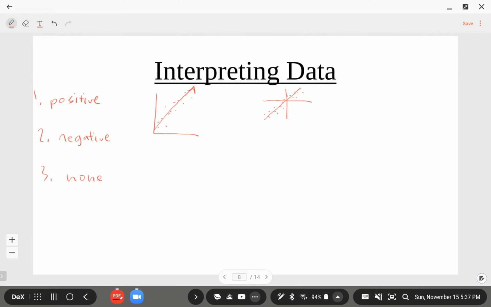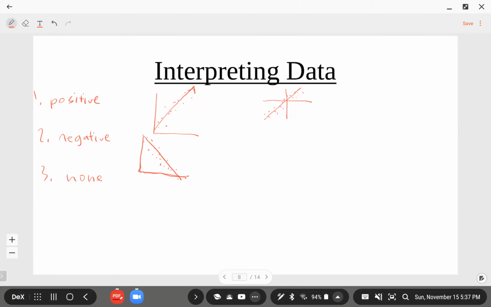Some of you might have guessed it. Negative association is when y values increase while x values decrease. So y values are increasing while the x values are decreasing.